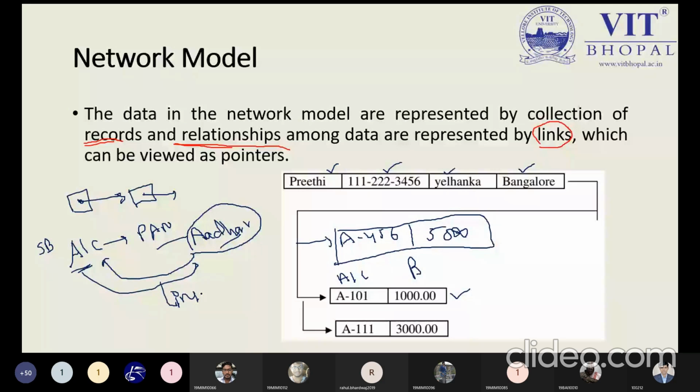So a network is connected to another network. It means the bank network is connected to the Aadhaar network, and the Aadhaar network is also connected with the PAN card. Your bank must be associated with the PAN card as well as the Aadhaar card. And after some time you're getting the important thing: if you are a tax paying person, then your PAN card must be connected with the Aadhaar card.